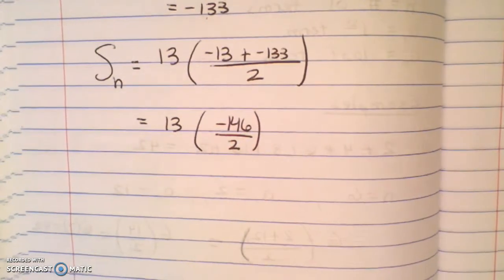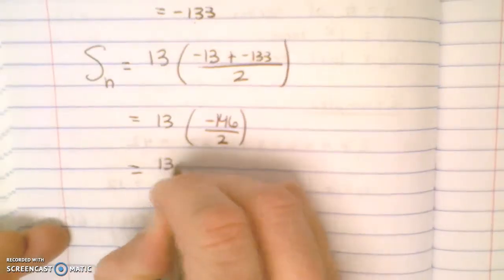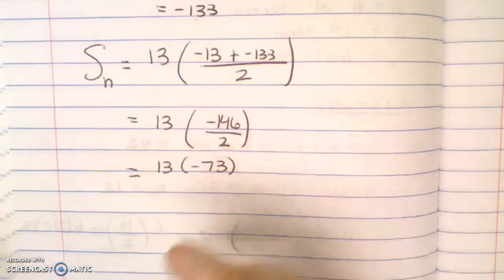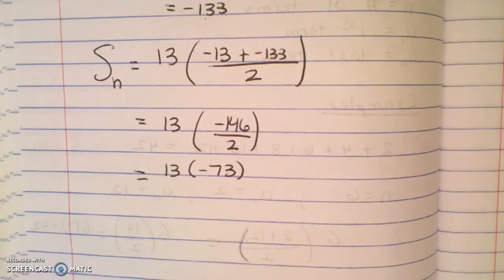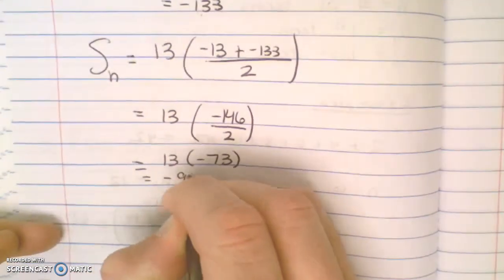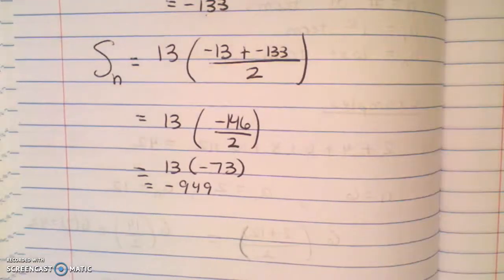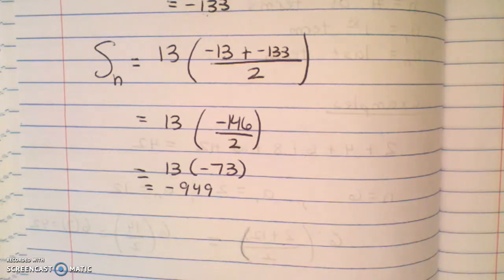Negative 146 divided by 2 is negative 73. And then you can multiply those. So 13 times negative 73 is negative 949. And that's finding the sum of a series, which is the sequence of numbers in a list. So you should be ready to try practice number 3 on series.